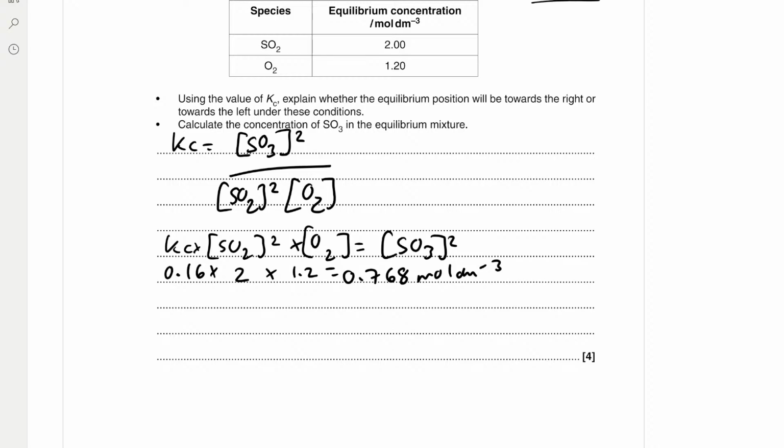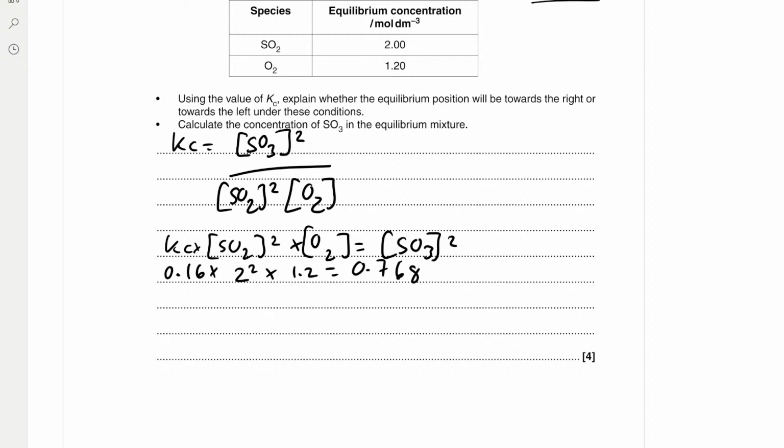And then, sorry, no, you need to do 2 squared, so that's not right. So 0.16 times 2 squared times 1.2. This is where you've got to be so careful, because I missed that there. So 0.768.